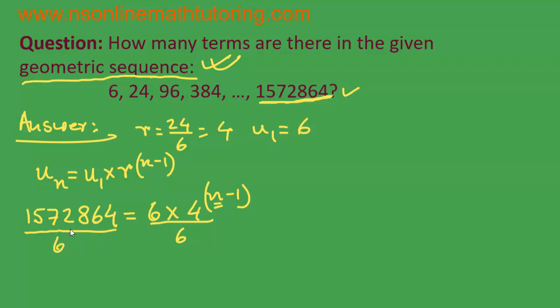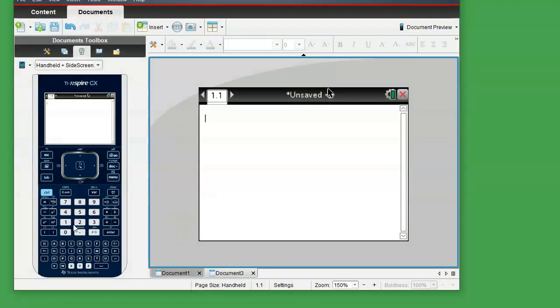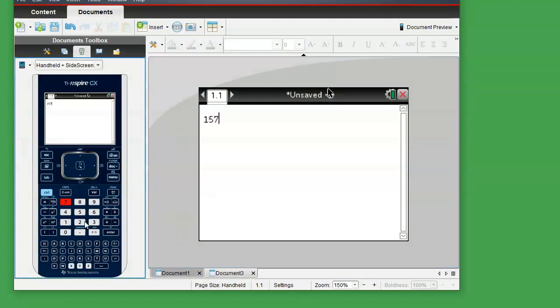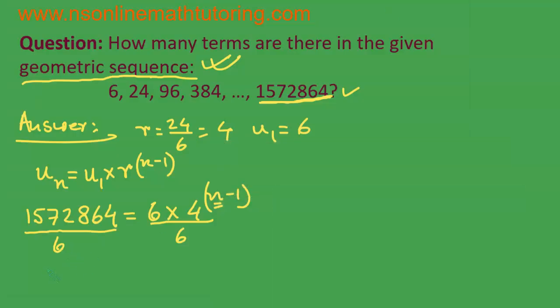So I have to first of all find the answer for this division. 1,572,864 divided by 6 is 262144, and these two 6s will be getting cancelled obviously, and you will be having 4 raised to the power of n minus 1 on the right hand side of the equal to sign.